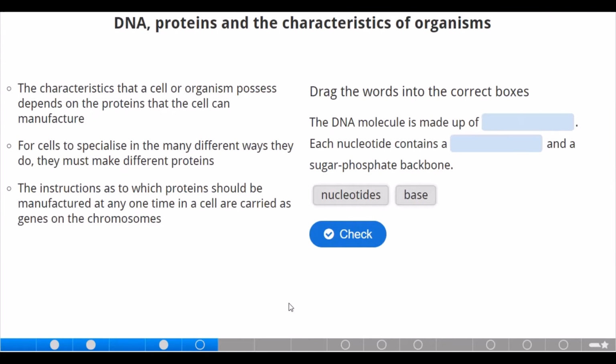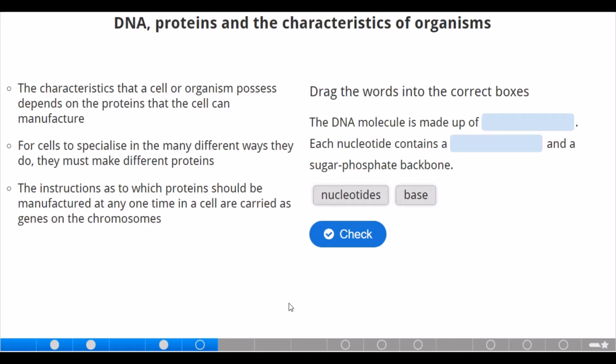DNA, proteins, and the characteristics of organisms. The characteristics that a cell or organism possesses depend on the proteins that the cell can manufacture. For cells to specialize in the many different ways they do, they must make different proteins. The instructions as to which proteins should be manufactured at any one time in the cell are carried as genes on the chromosomes.